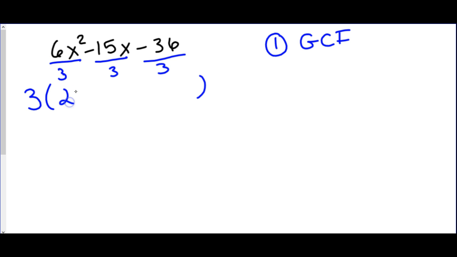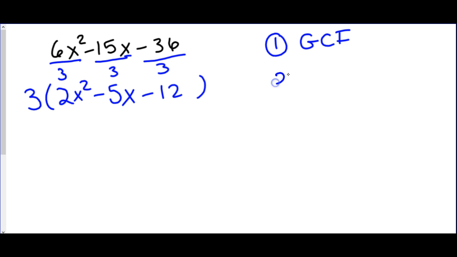6 divided by 3 is 2. 15 divided by 3 is 5. No x's to divide with, so we leave it just there. 36 divided by 3 is 12. Now you'll notice this greatest common factor didn't have a letter. That's because only the first two had letters and the 36 did not, so it can't have a letter in common.